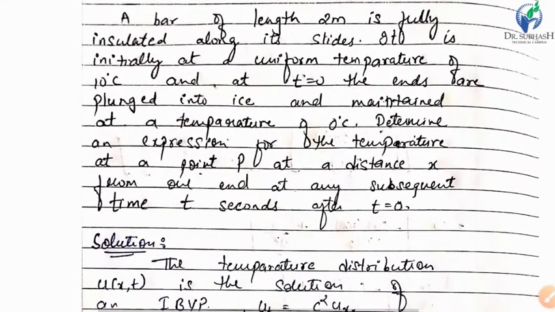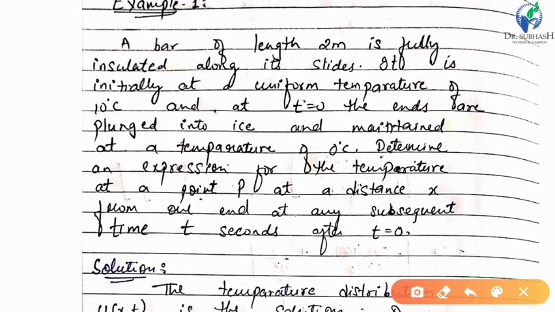Let us go through some examples. A bar of length 2 meter is fully insulated along its side. Here length is 2 meter. It is initially at the uniform temperature of 10 degrees Celsius, and at t = 0, the ends are plugged into ice and maintained at a temperature of 0 degree.